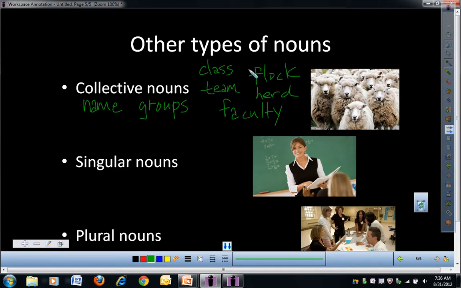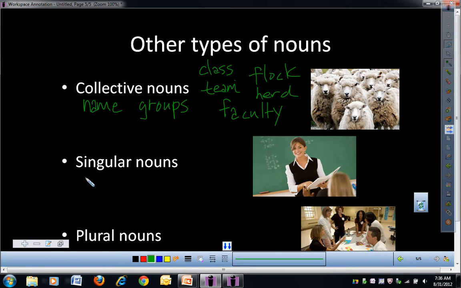All right, so we have a lot of collective nouns. The cool thing about collective nouns is that even though a group is more than one, these teams or these classes form one single unit. So they're normally going to be used as singular nouns.